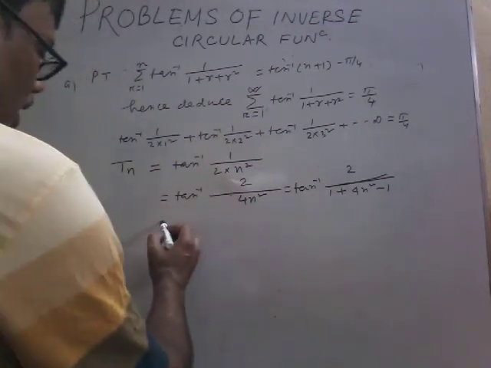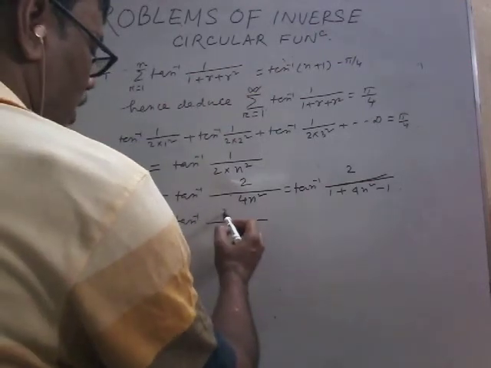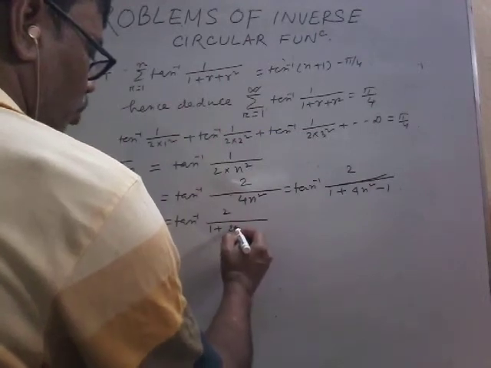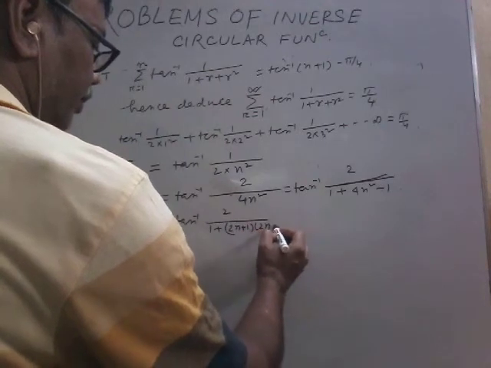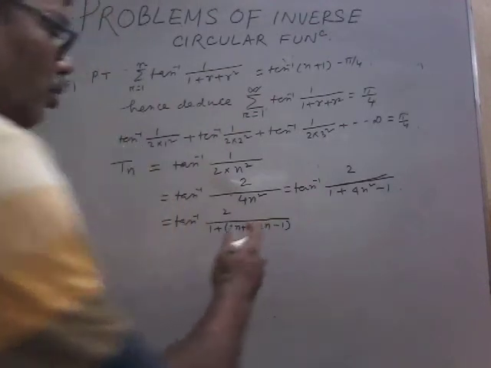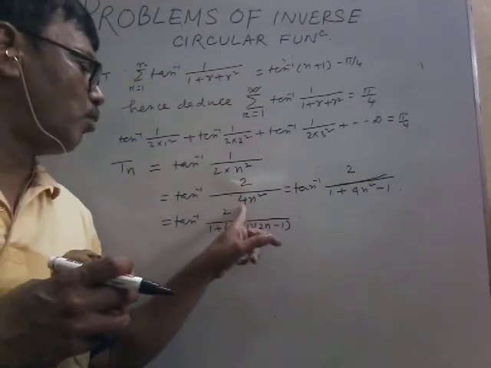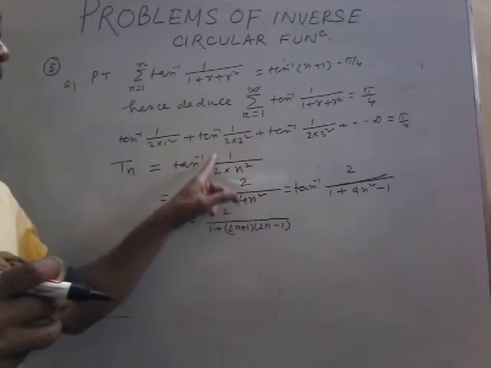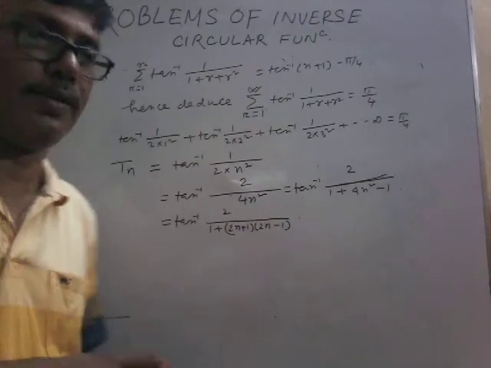So tan inverse 2 by 1 plus 2n minus 1 into 2n plus 1. So that is why we factorize 4n square. It is 2n at the beginning, so you get a root. So to avoid the root, we are multiplying this.